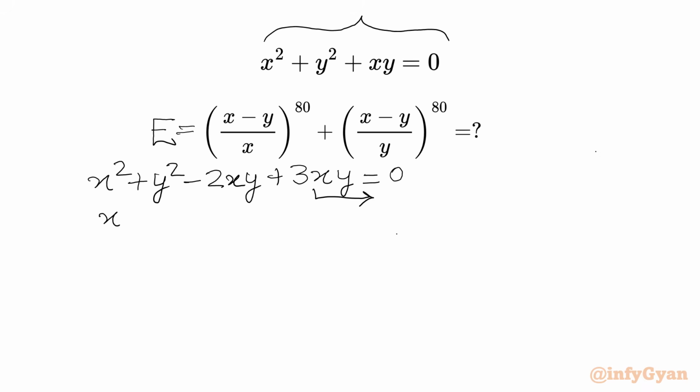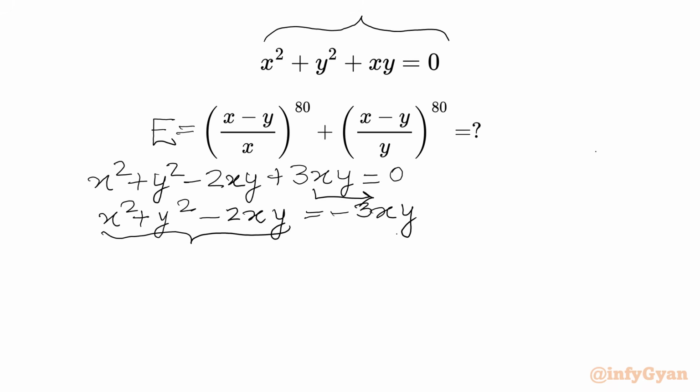So we can write x square plus y square minus 2xy equal to minus 3xy. Now this is (x minus y) whole square. So we can write (x minus y) whole square equal to minus 3xy.